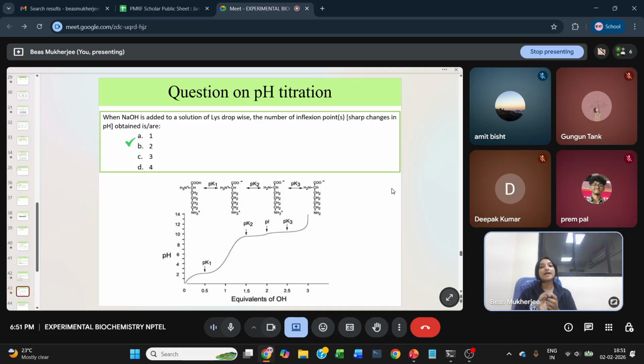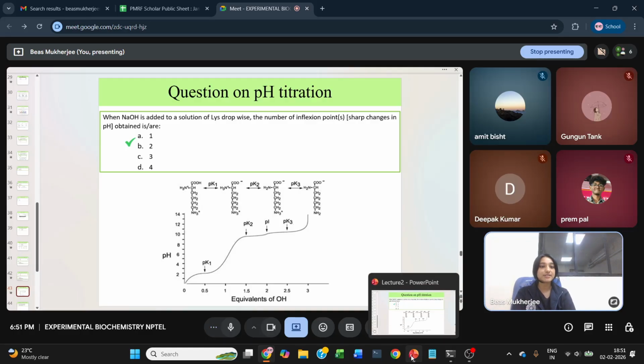When NaOH is added to a solution of lysine dropwise, the number of inflection points, that is sharp changes in pH observed, are... how many inflection points are observed? The right answer given here is 2. You can double check once and then we can discuss it in the next class.